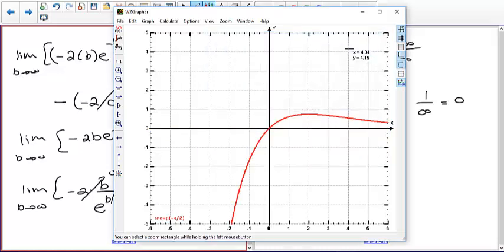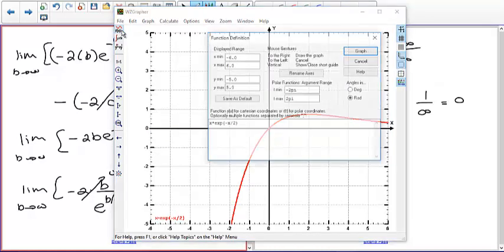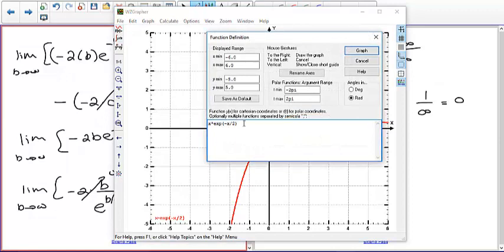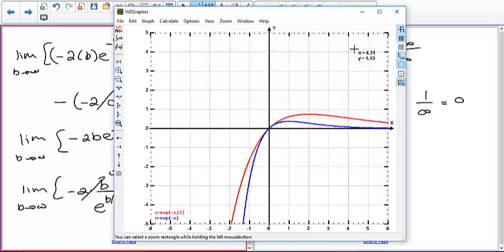Okay, so it looked like that. If I change it to x times e to the negative x, you'll get something that looks like that. That's the blue curve. So it looks like if the exponent is smaller, instead of negative x over 2, it's just negative x, you get a smaller area.